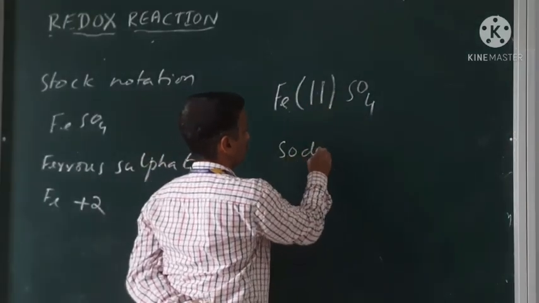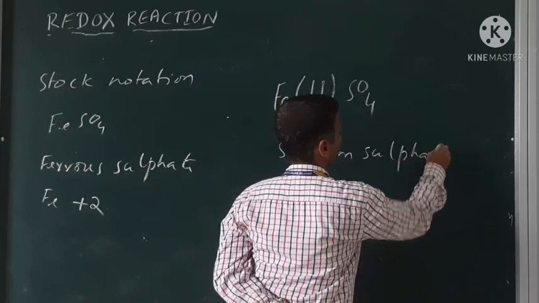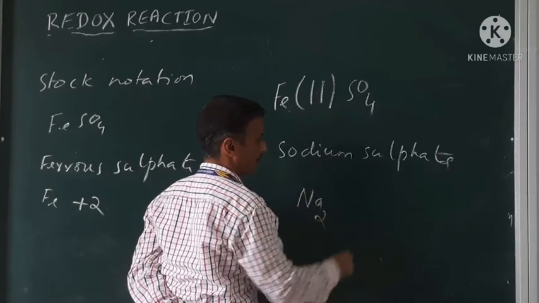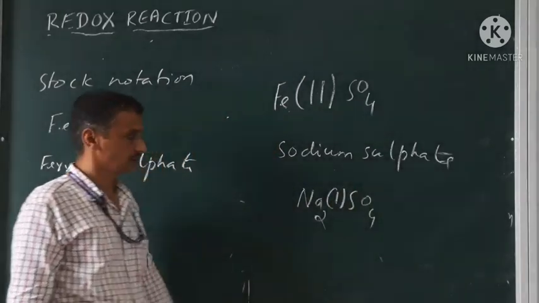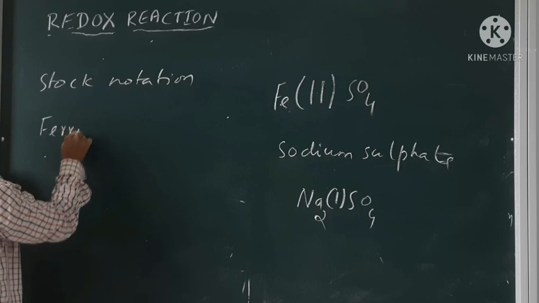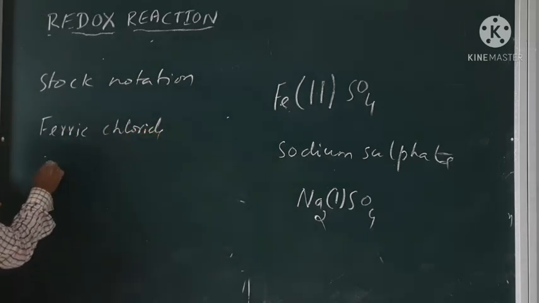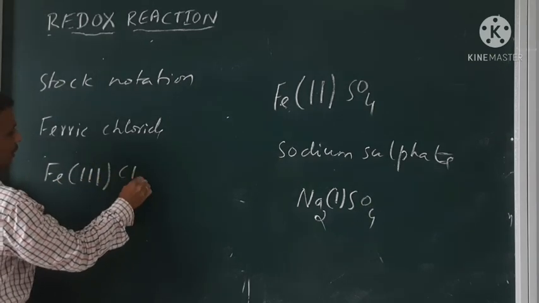Sodium sulfate, what do you do? Sodium sulfate formula is Na2SO4, what I have to write is I, sulfate, Roman numerals. Ferric chloride: ferric is Fe3+, so Fe(III) Cl3.